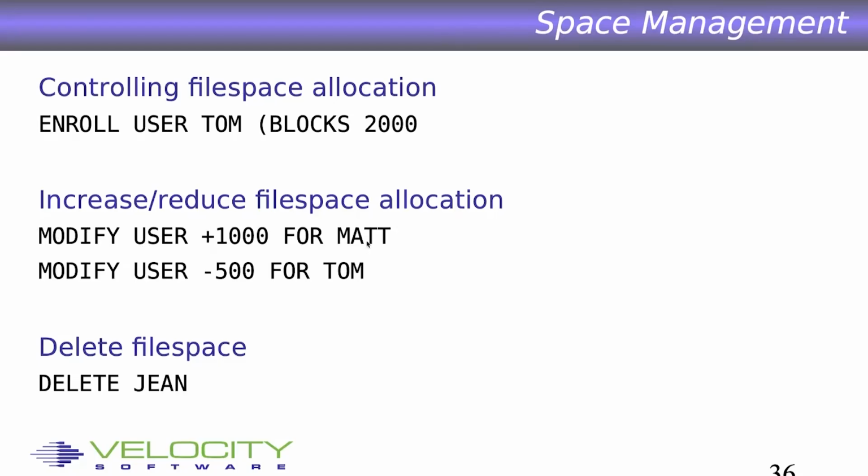And we don't like that Tom is using a lot of space in the file pool, so we're going to reduce his allocation by 500 blocks. If he's in danger of filling up now, he really will be, and we'll have to delete some files.